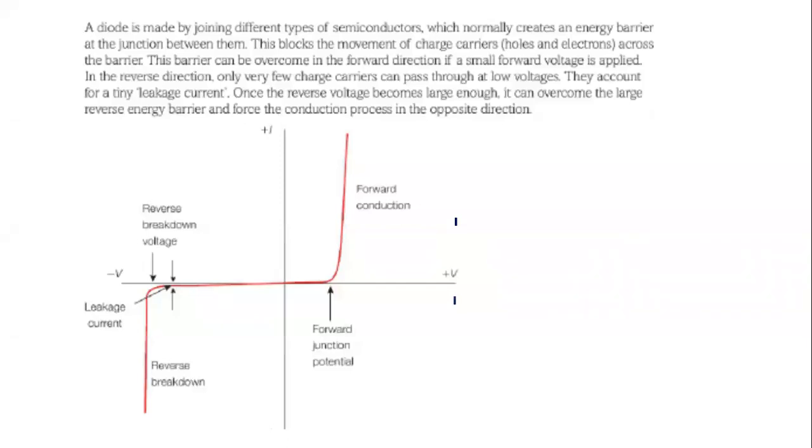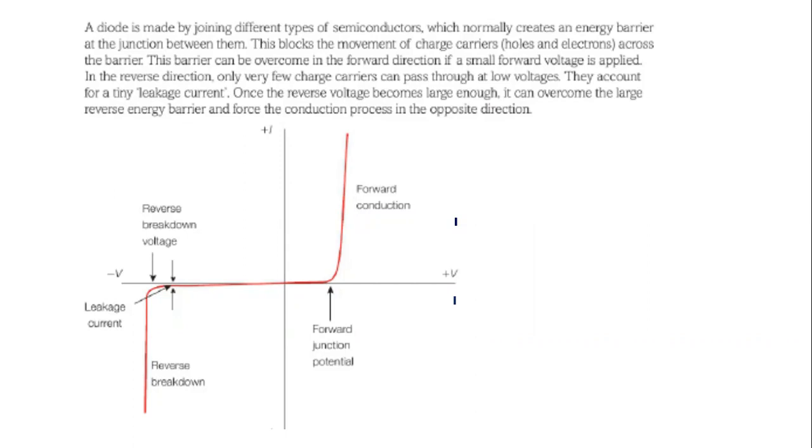If a forward voltage is applied, this barrier can be overcome and the electrons can travel from one direction to another. But in the reverse direction, the opposite direction, the charged electrons are not able to cross the barrier, and they are not able to travel in the opposite direction.